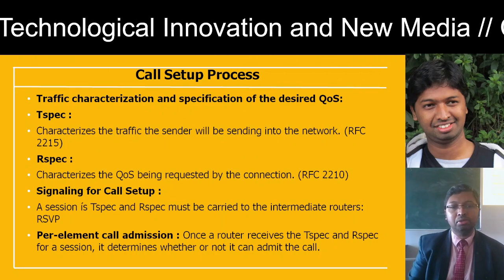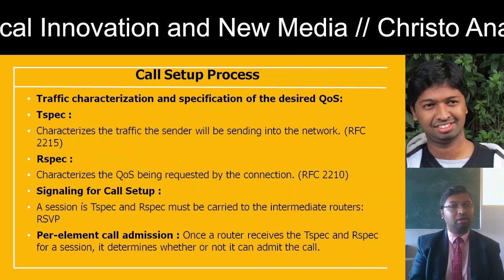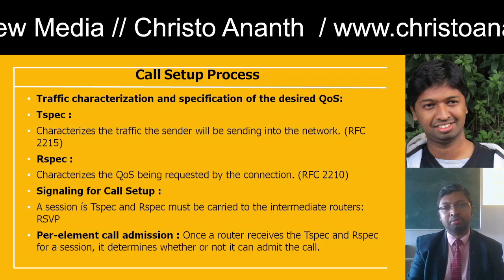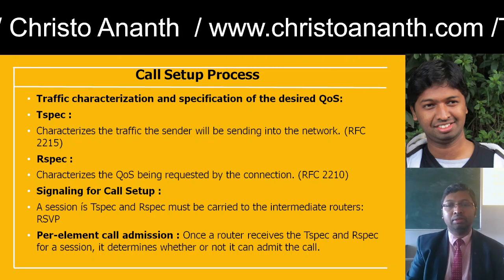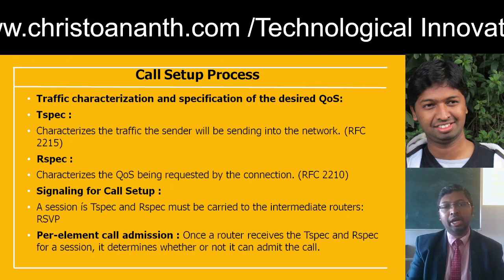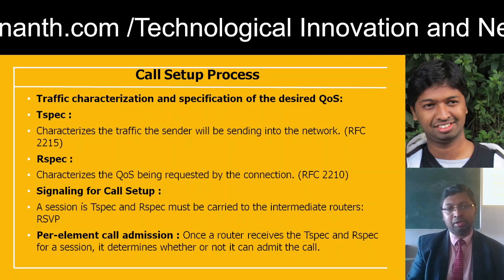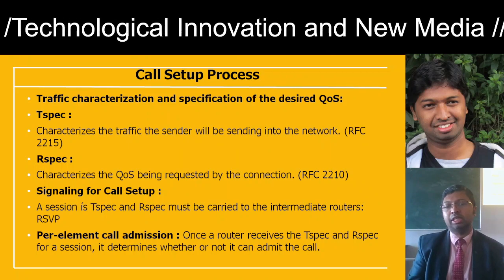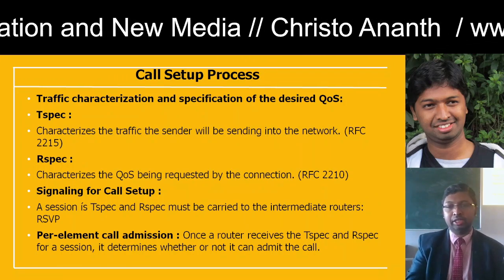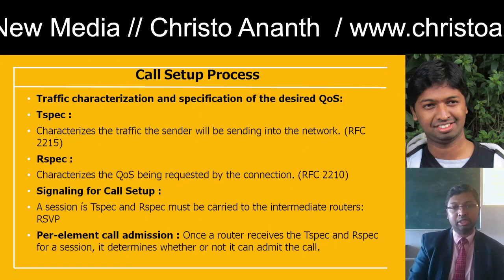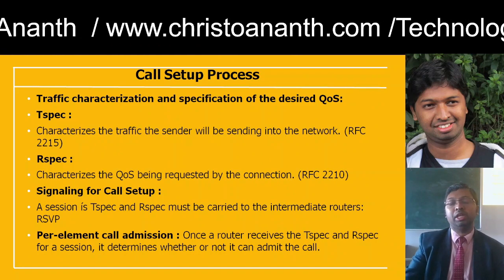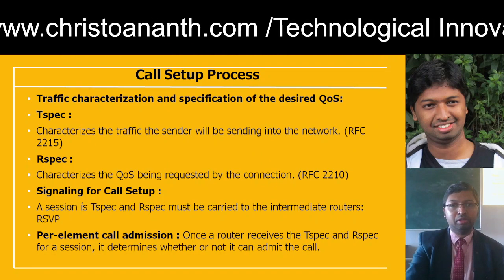You can use the signaling procedure for the call setup. Both the T-spec as well as the R-spec are carried over by the intermediate routers, using the resource reservation protocol. For each call admission, we have the per-element decision: the router receives the T-spec and the R-spec for a particular session, then determines whether it can admit the call or not.